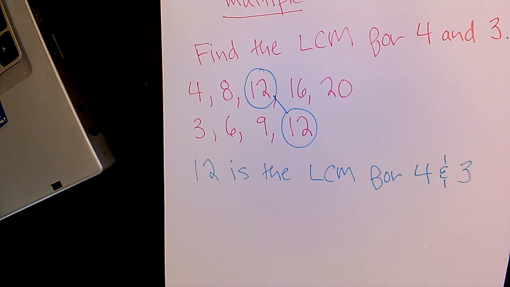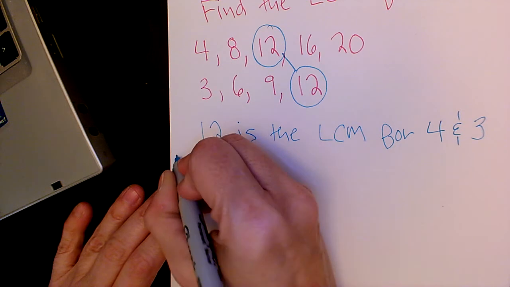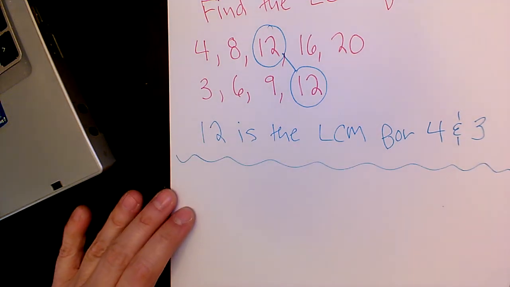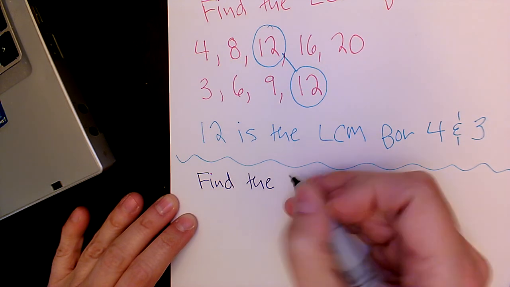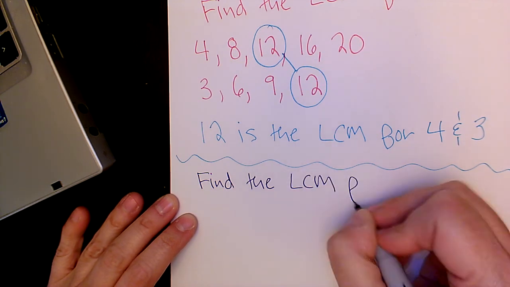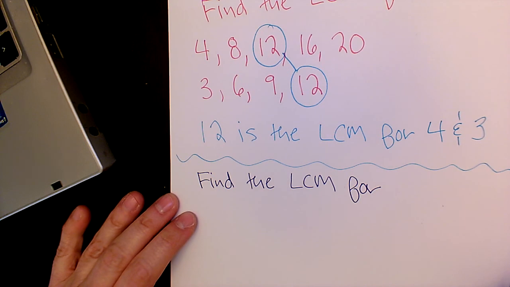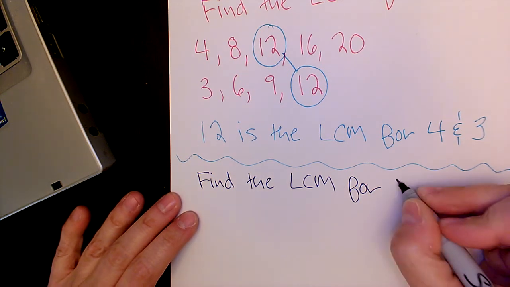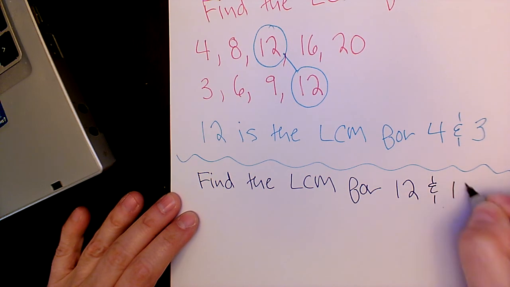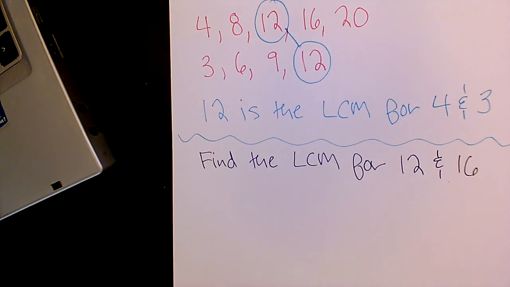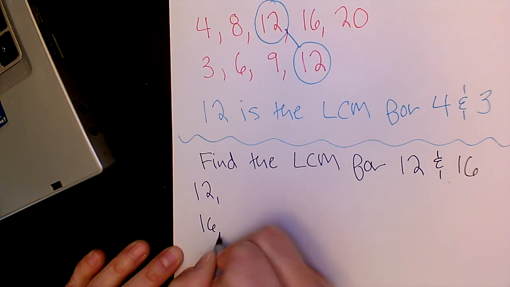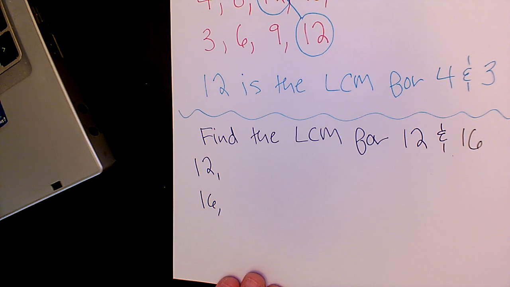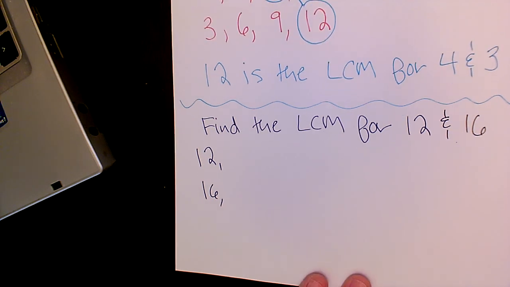Okay, I'm going to do one more, and that's it. So I'm going to want to write out my multiples for 12 and my multiples for 16, and I want to see where they match up.